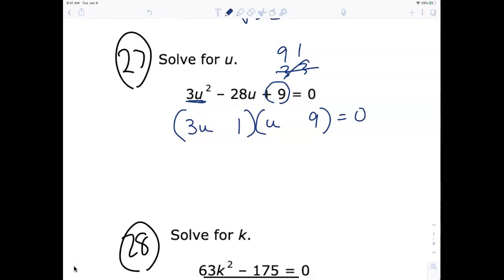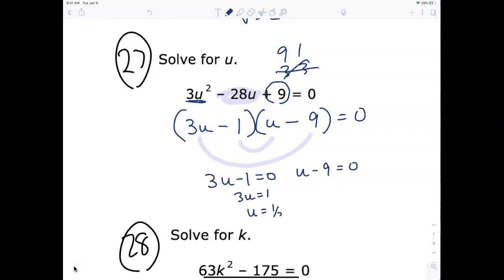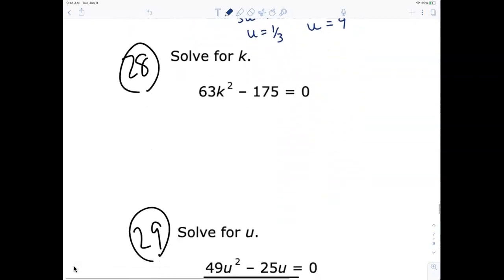Now, we use our smiley faces here. 1, 27 can make negative 28 if they're both negative. So now I have 3u minus 1 equals 0. u minus 9 equals 0. 3u equals 1. u equals 1/3. u equals 9. Very good.